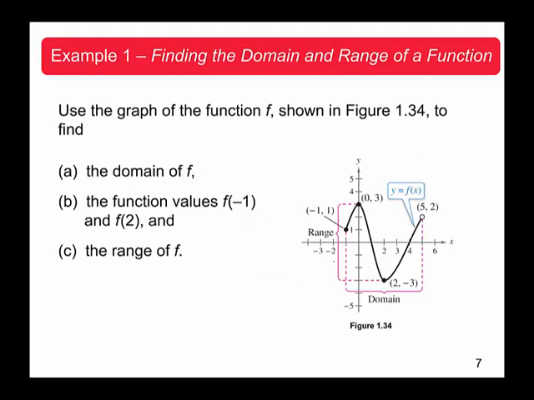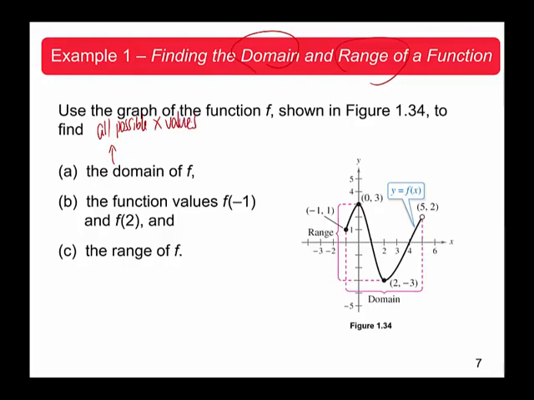Now let's find the domain and range of the function given in graphical form. The function itself is not given, but we are given the graph of the function. So first of all, we determine the domain. Quick review: domain is all possible x values. Let's take a look at what x values are possible here.